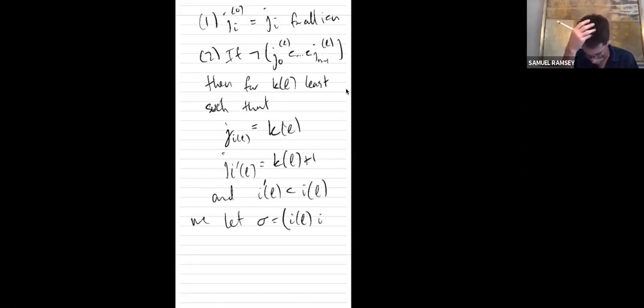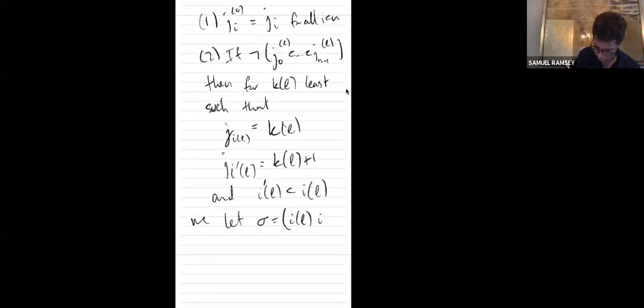Let me make sure that this is what I want to do. Yeah, this is right. So we swap i_L and i'_L and define j^{L+1}_i to be j^L_{sigma(i)} for all i less than n.